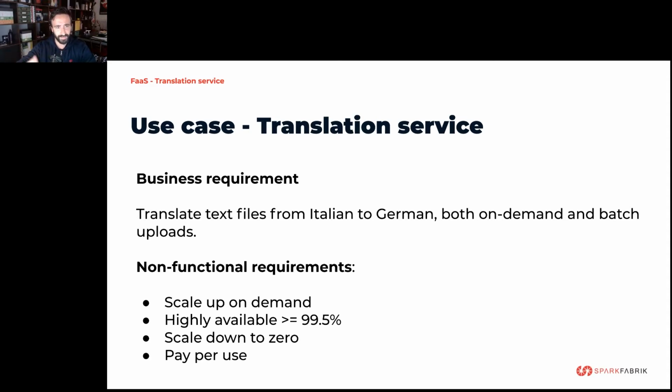They want a system capable to scale up on demand, which is highly available to respect their SLA because it's very critical. It must be capable to scale down to 0, and finally they want a pay-per-use billing model.